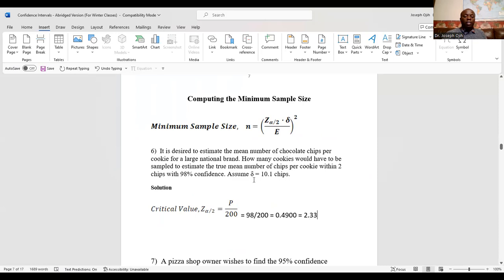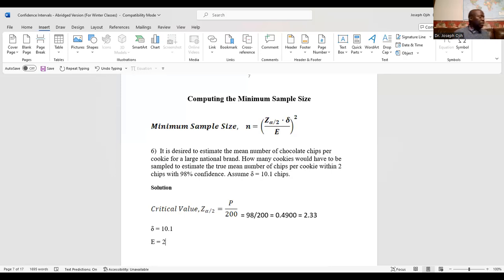We are told that the standard deviation is 10.1 chips, so I'm going to copy it. And they want to estimate the true mean number of chips within 2 chips. That means the error equals 2.